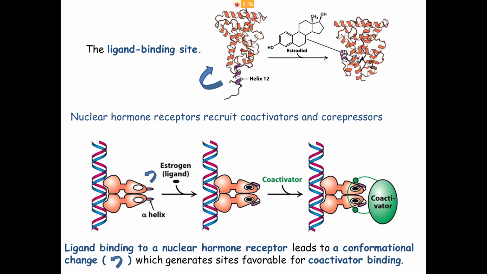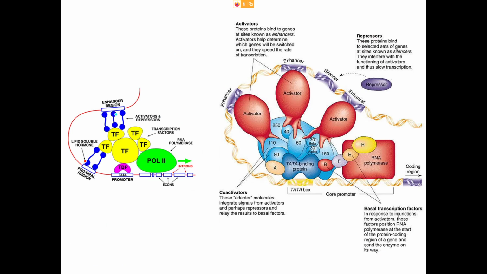And it'll only do that if this thing has migrated out to the cell surface, picked up an estradiol molecule, because that's the only place it can find them, come back to the nucleus, and bind in a pairing like this, in a dimer, right? And then the coactivator will find it. And once it does, we now have a signal that says, let's make this protein.